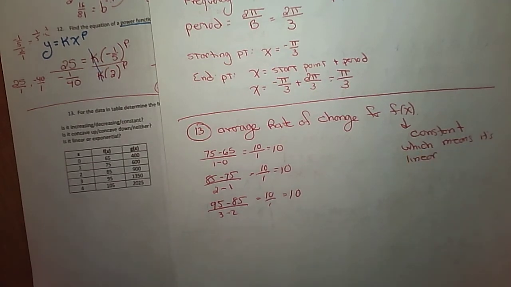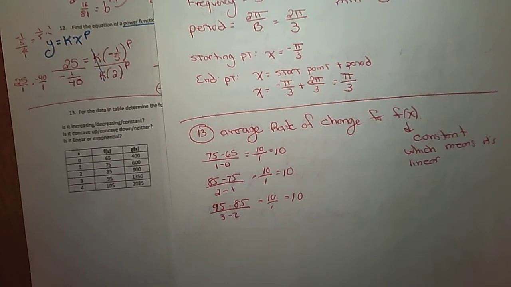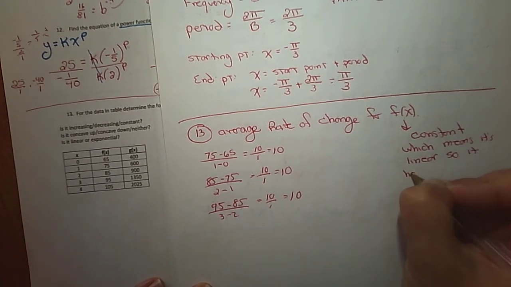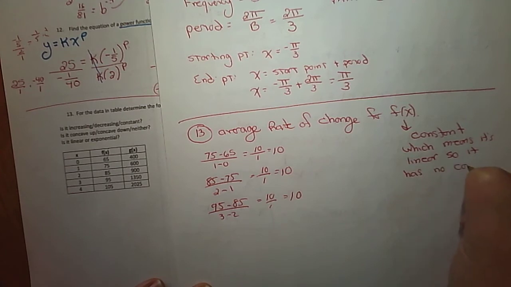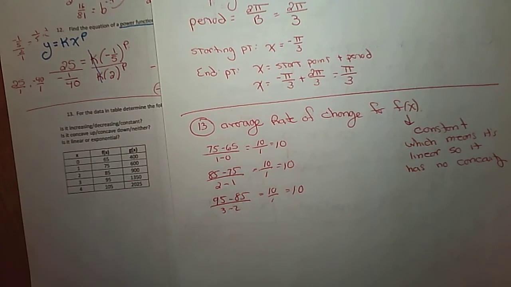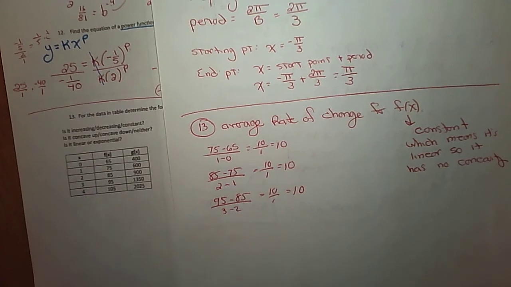If the average rate of change is constant, it means it's linear, so it has no concavity. A straight line doesn't bend at all. So for f of x, this is the work you'd have to show: since the average rate of change is constant, which means it's linear, so it has no concavity. So that's the deal for f of x.